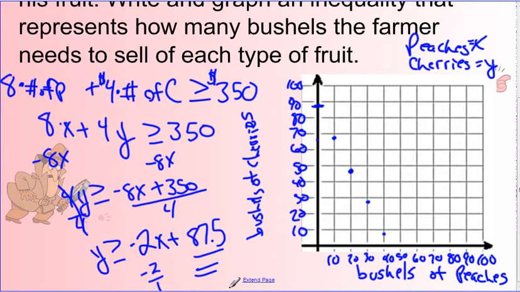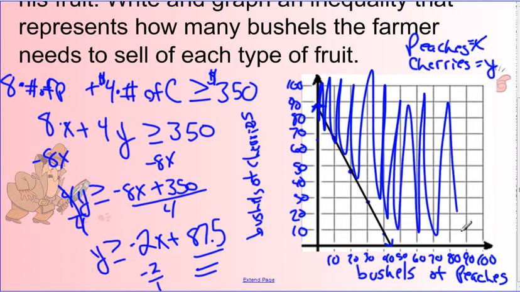We need a solid line through it. And we need to shade, either above or below. The inequality in the problem is a greater than symbol, so we're going to shade above the line. So all this stuff over here.